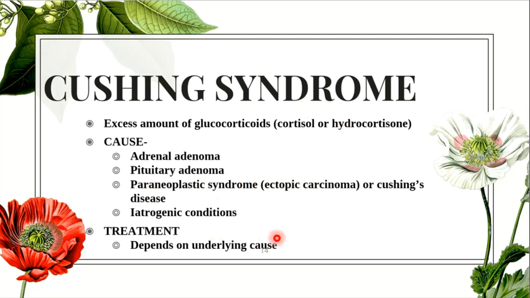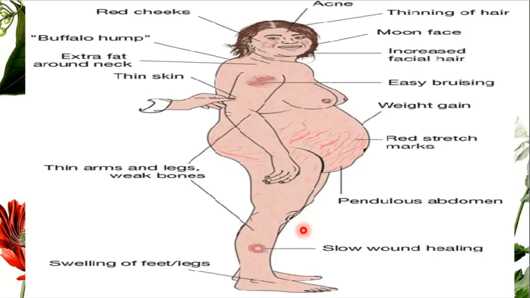It can also be iatrogenic, okay. If the condition is not known, you try to look at what the condition is and treat it. This is just an image to tell you how a Cushing syndrome patient looks, what the complaints of Cushing syndrome are. So the patient will have fat at the back of the neck.